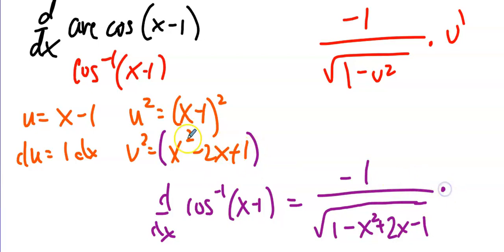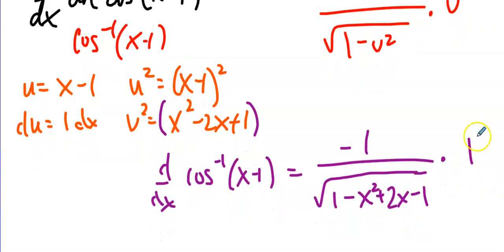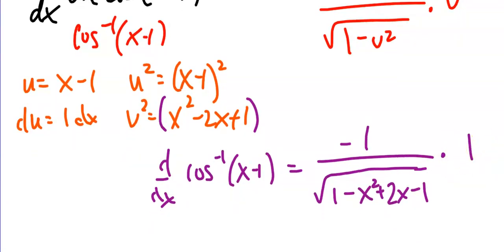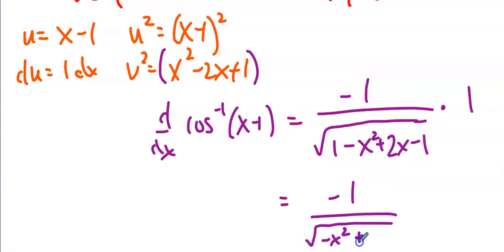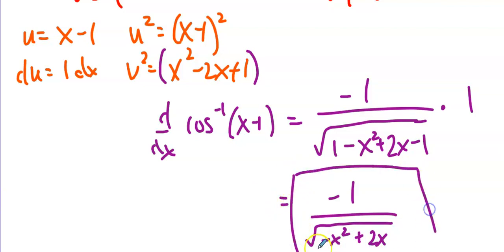And then we're going to multiply this by our derivative. Well, in this case, it's just 1. So this is one of those times where we forgot to do this part, because it ends up being 1. And now we just need to simplify. You can see that the 1's cancel out. So what's left beneath the square root is negative x squared plus 2x. So the derivative of this problem is what you see right there.